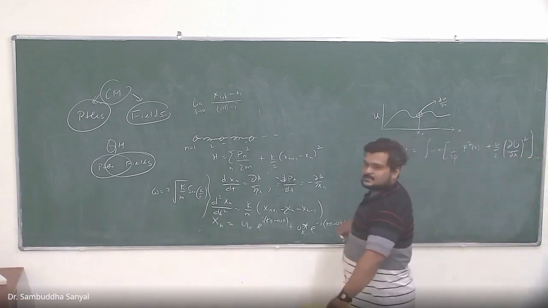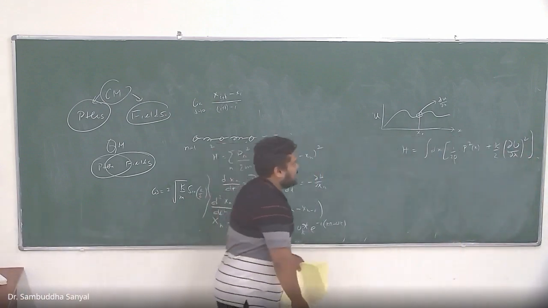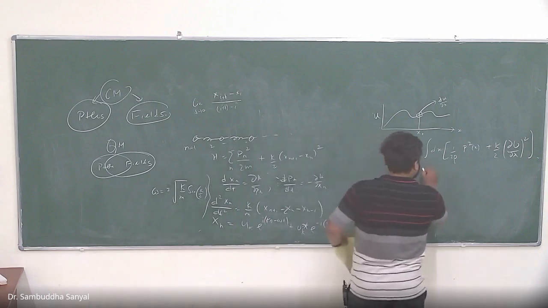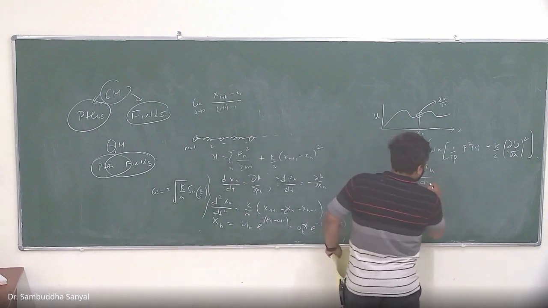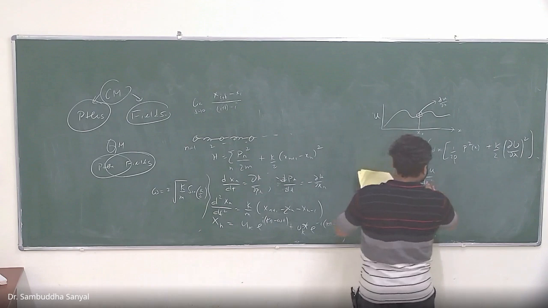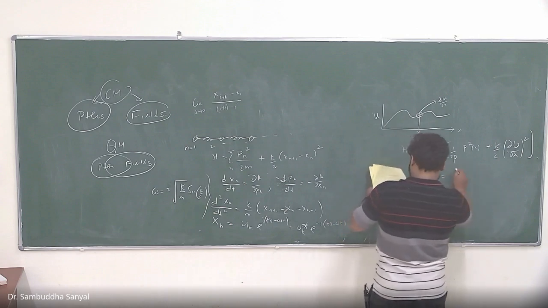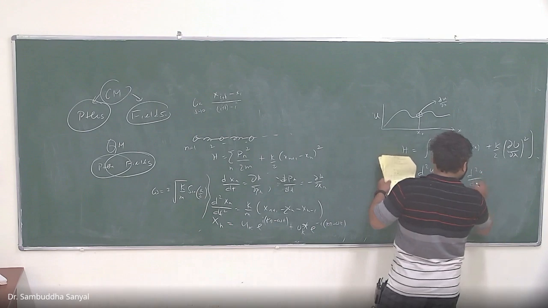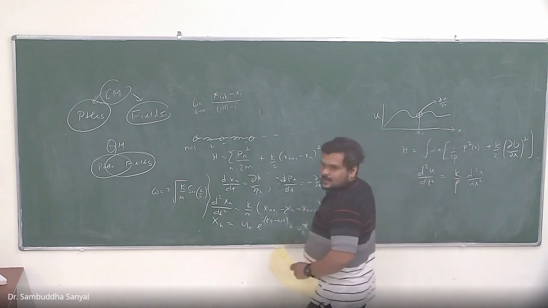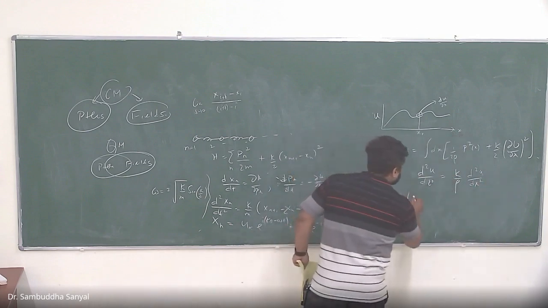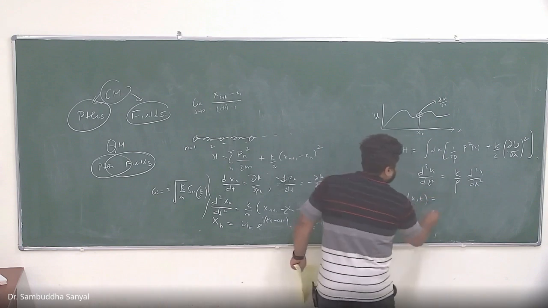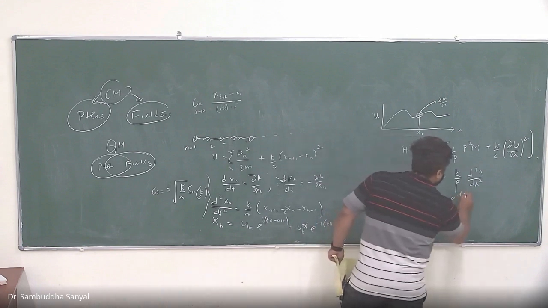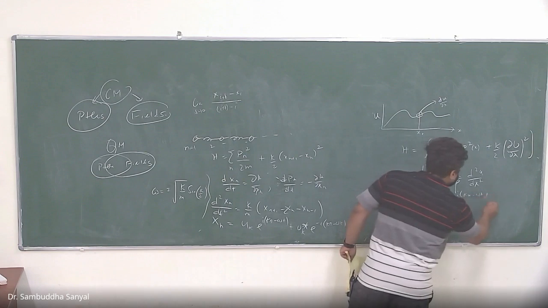This is also like an oscillator, and you can show that the equation of motion will be d2u dt2 equals kappa by rho d2u dx2. And that will also admit a solution of the form u_k e to the power i(kx minus omega t) and so on.